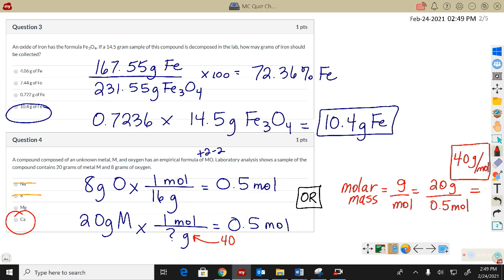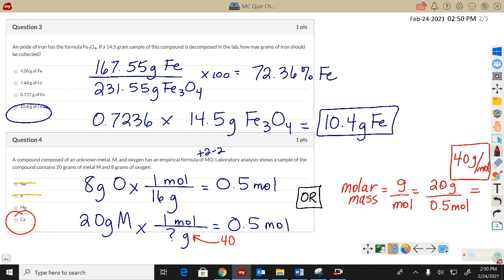In question 3, an oxide of iron has the formula Fe3O4. If a 14.5 gram sample of this compound is decomposed in the lab, how many grams of iron should be collected? What a great question. Super labby, right?